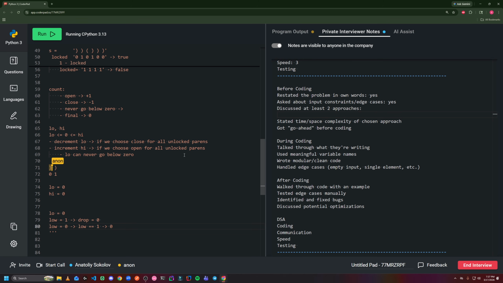We process this one, it's unlocked and low is already 0, so this has to be a +1. This has to be a +1. And then this one is locked, but it's a -1, so it takes us to -1.